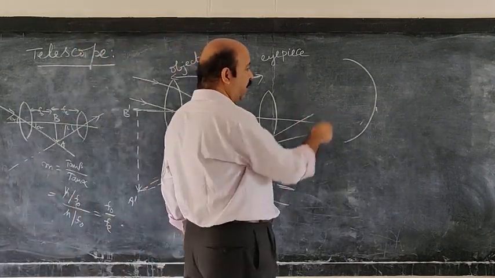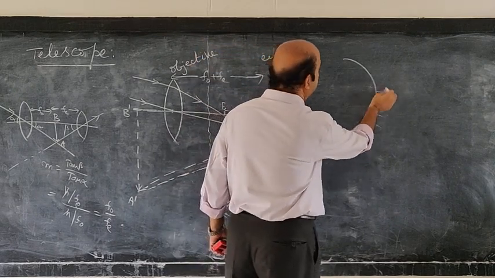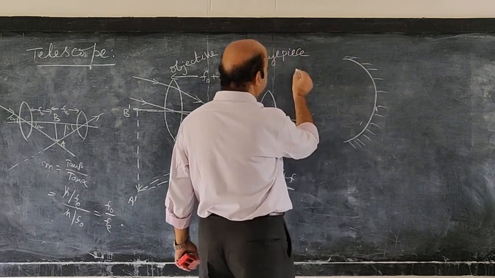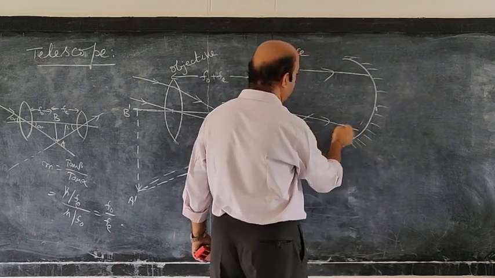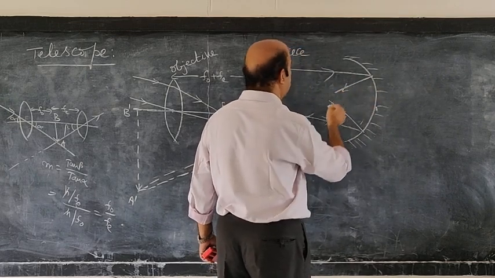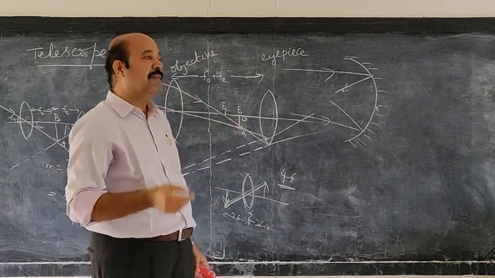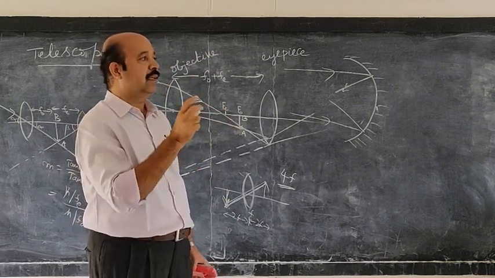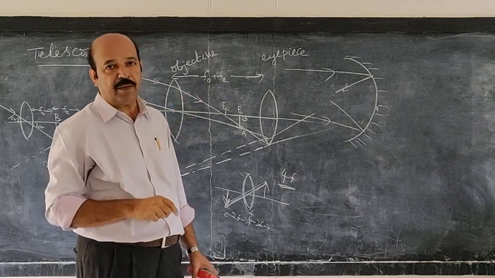The reflecting type of telescope consists of such a concave mirror as the objective. The rays coming from a distant object get reflected towards an observer sitting at the focus in a cage. Through an eyepiece, he observes the fine image.